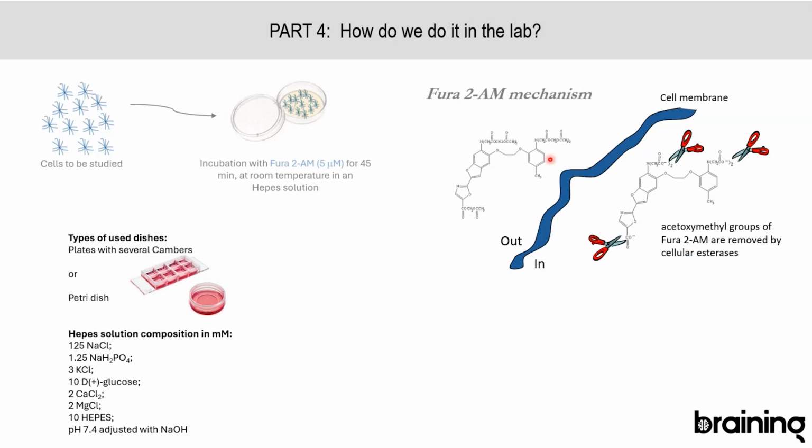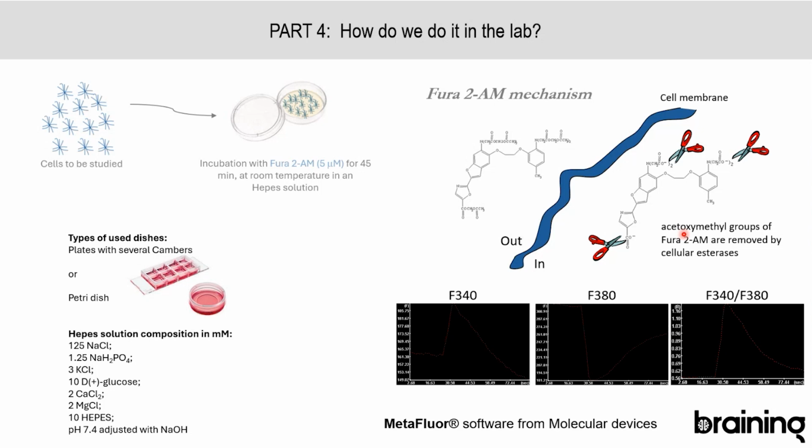Once the FURA 2AM is inside the cells, the acetoxymethyl groups are removed by cell esterases, and the FURA will be trapped inside the cell. So the FURA cannot go outside the cell anymore, and we will have these cells loaded with a dye that we will use to measure the calcium concentration.